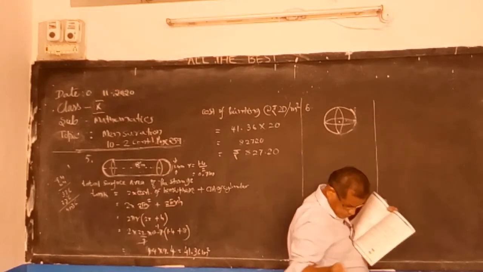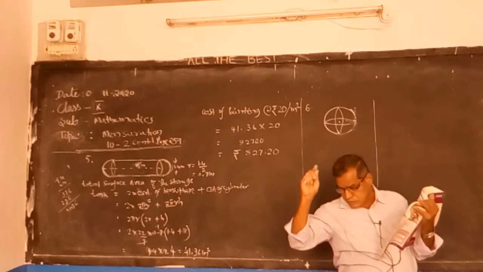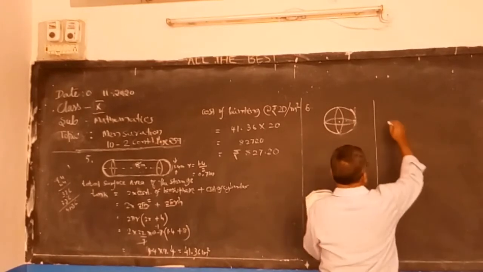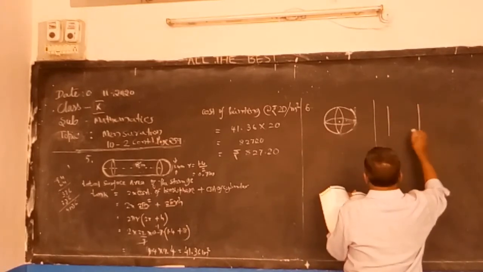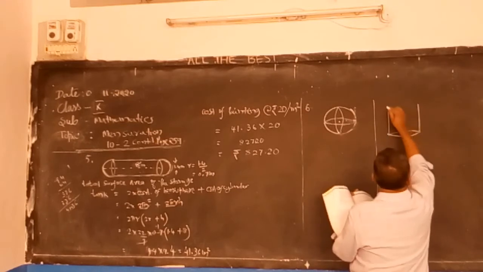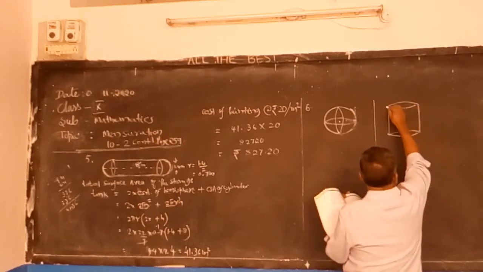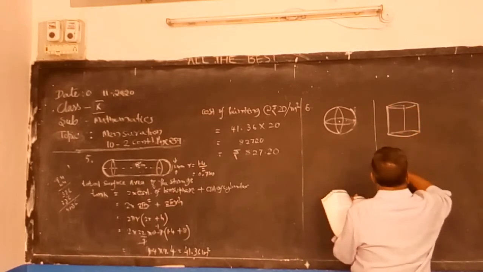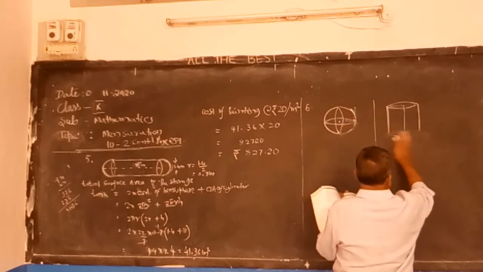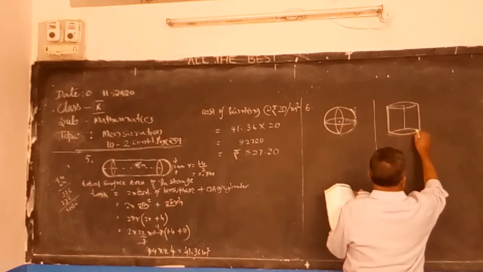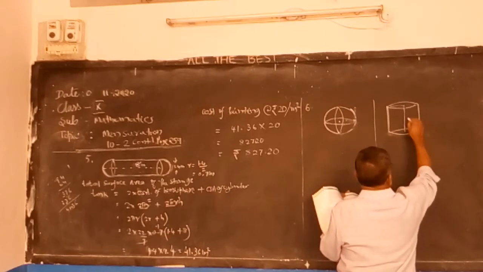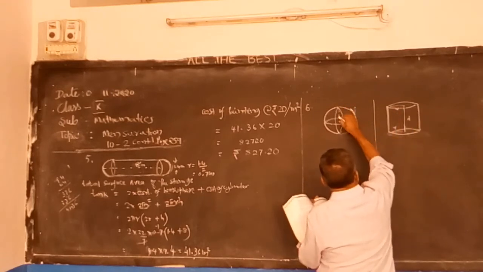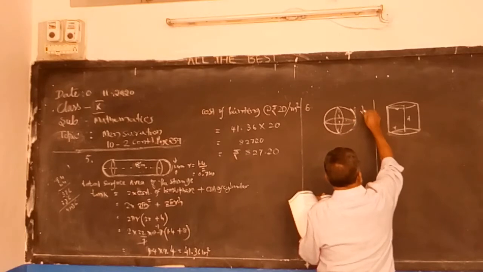And next, a sphere, a cylinder of the same diameter D. Their height is diameter.